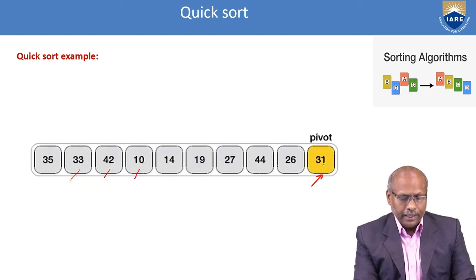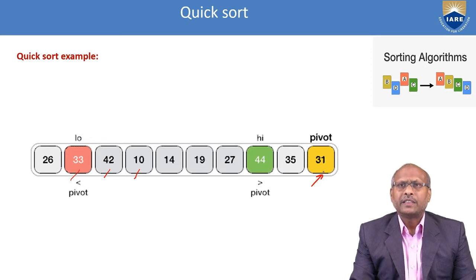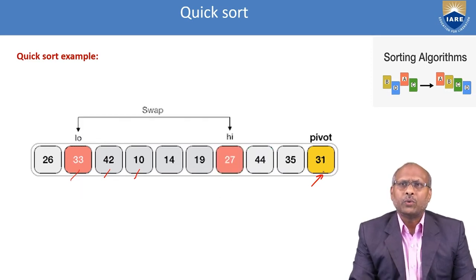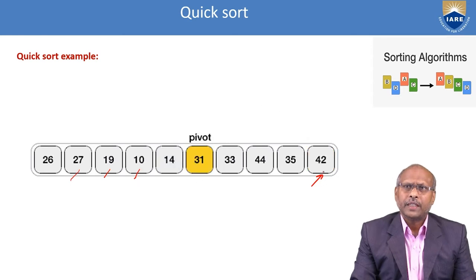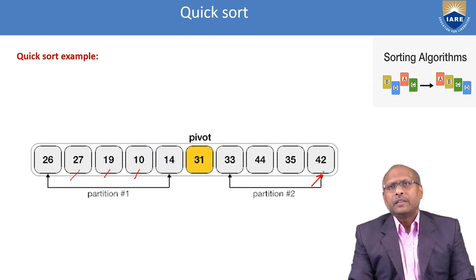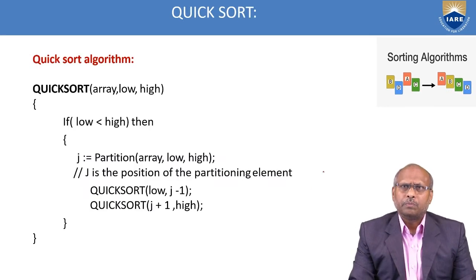So, based upon the value, it will be changing. You can see in the diagram how it is moving. After one round, wherever low and high are, they will be interchanged. So, this is the simple representation of the Quicksort process.